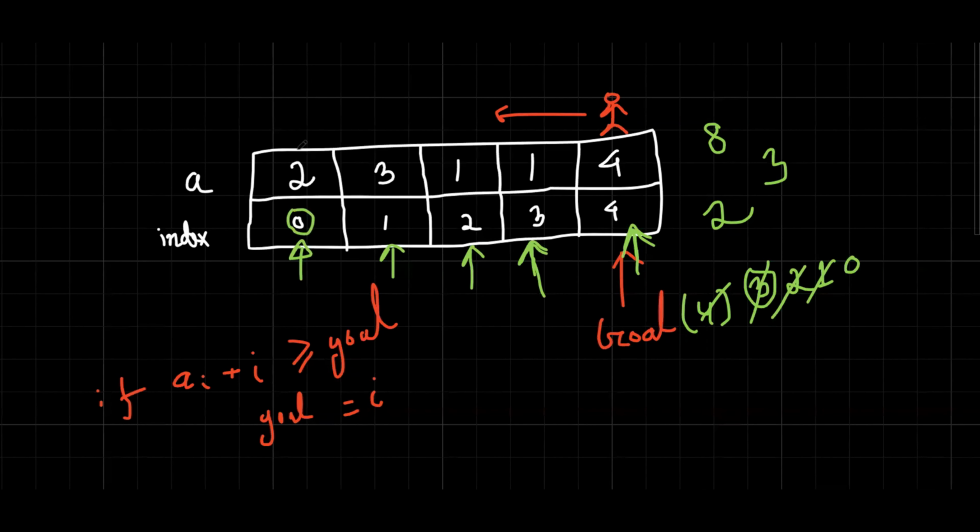That means if we start jumping from these positions, we can reach the final positions. Now we have completed the iteration. Now we will check whether the value of the goal is 0 or not. So we can see that the value of the goal is 0. So here we have to return true. So this is the basic algorithm to solve this problem.